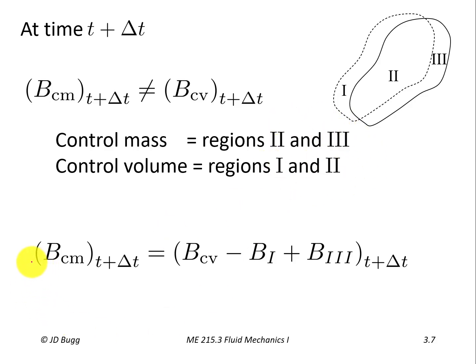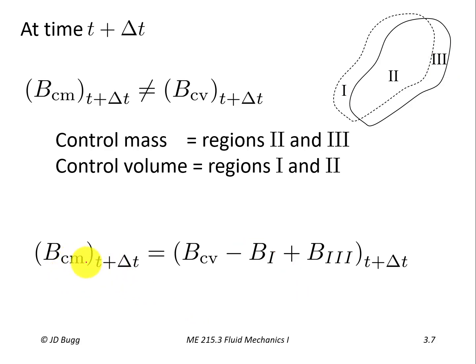So what do we have here? The amount of B in the control mass, remember that's the solid line, at t plus delta t is equal to the amount of B in the control volume, that's the dotted line, minus the amount of B in this region, because we have to subtract that off since it's not in the control mass, plus the amount of B in this region, because we have to add that on since it is in the control mass.